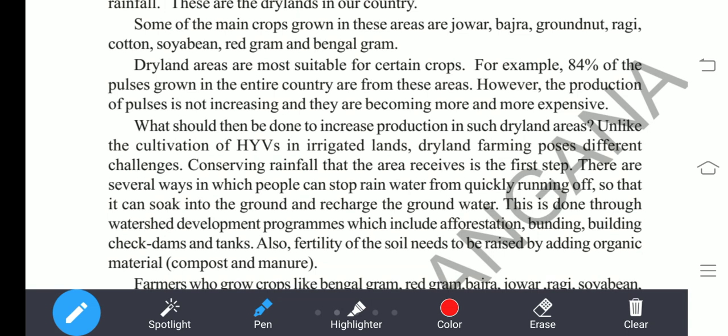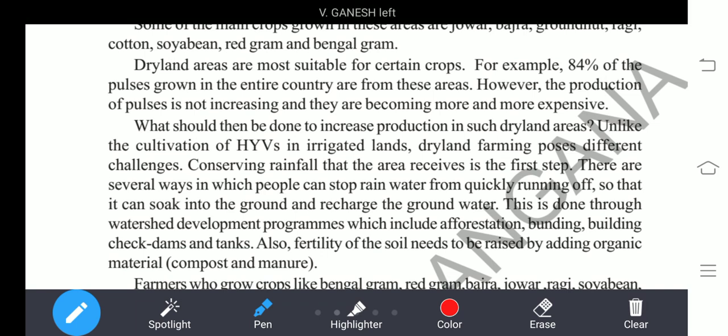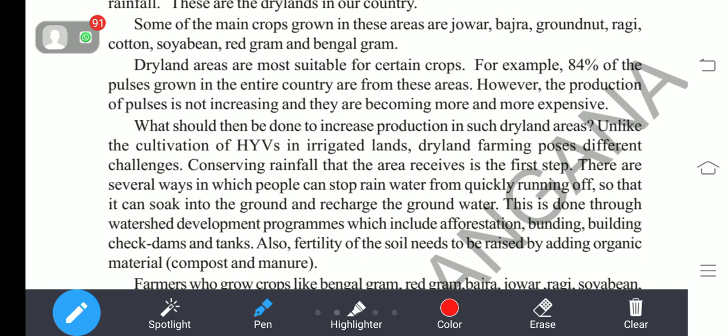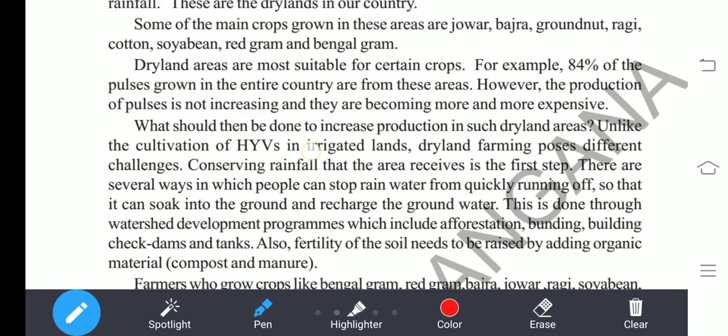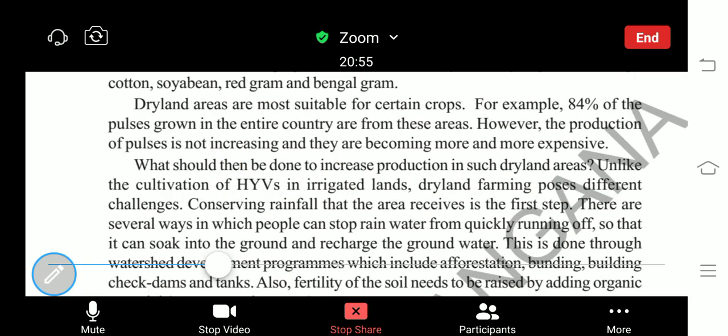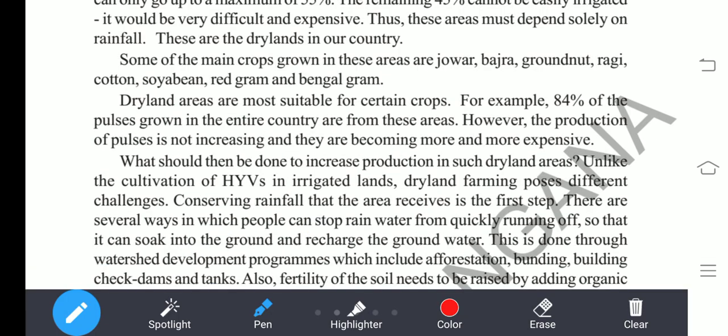When rainfall takes place, such rainfall should be absorbed by the soil, and that should increase groundwater level in that area. So the first challenge is conserving the rainfall. Understand how much rainfall it conserves.